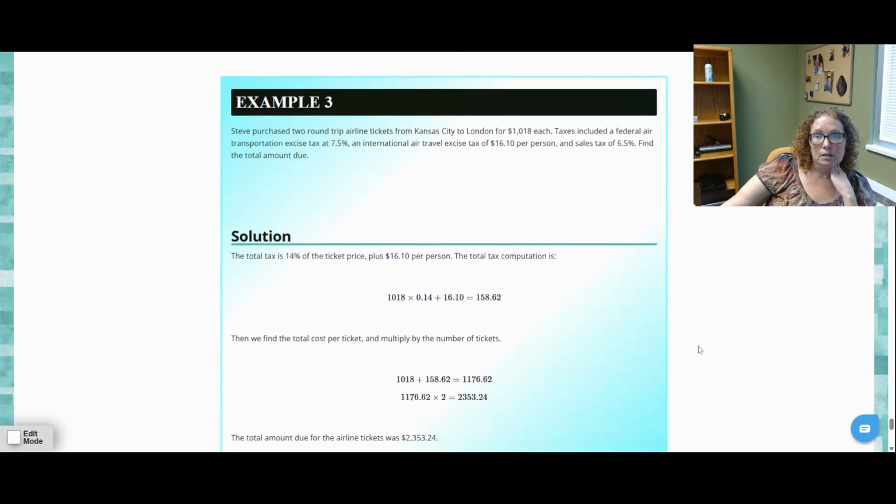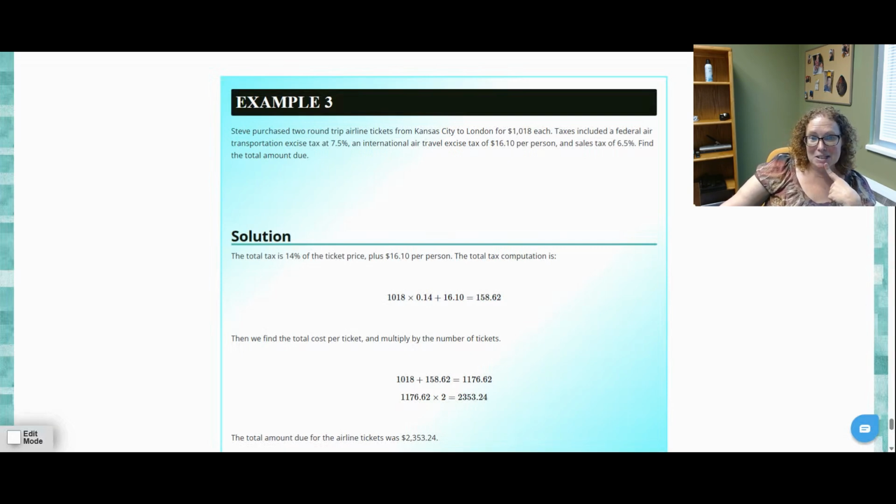All right. So Steve purchased 2 round-trip tickets from Kansas City to London for $1,018 each. But we know that if we add $1,018, we only get $2,036. But we know there's taxes included, and we have to take that into consideration as well. It always seems so nice until you get to the additional taxes.